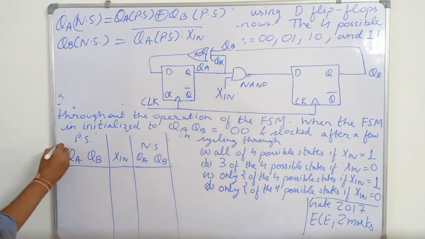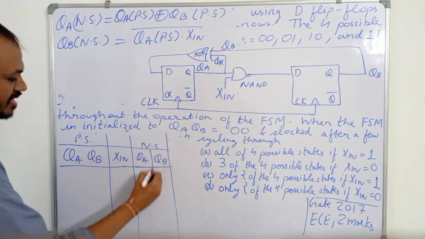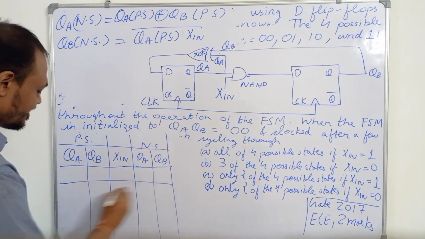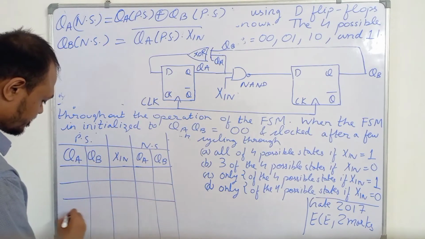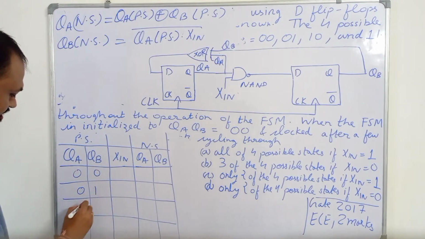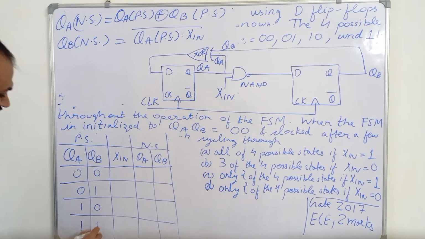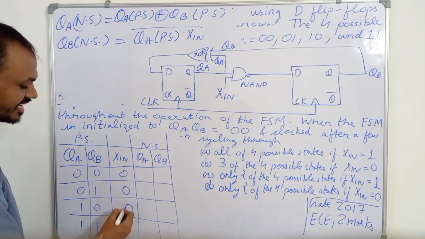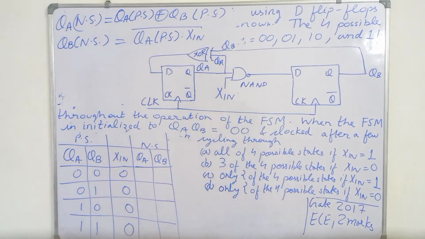So these QA and QB are the present state, and these QA and QB are the next states. So we will have four inputs: 0 0, 0 1, 1 0, 1 1. And first I am taking Xin equal to 0. So this is the table.